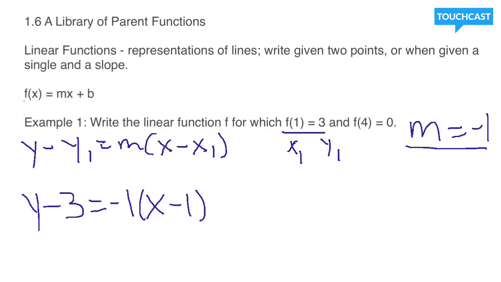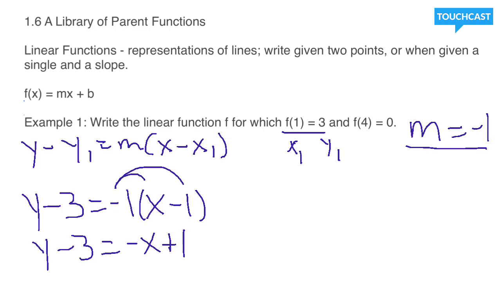And let's put this in f of x equals mx plus b form. So what we need to do is distribute our negative 1 to x minus 1. So our next line of work will be y minus 3 is equal to negative x plus 1.